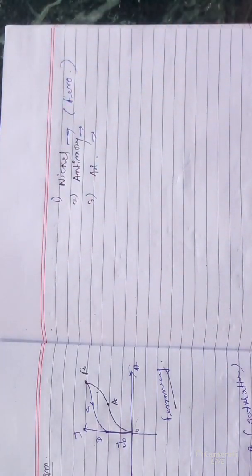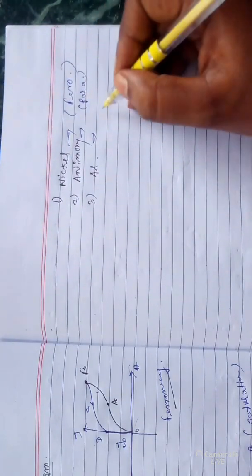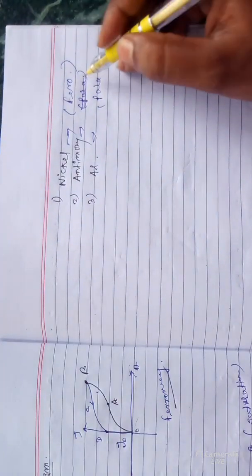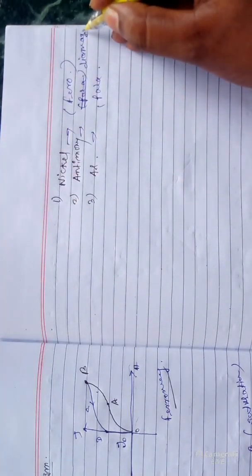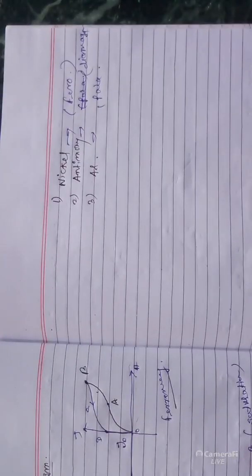nickel is a ferromagnetic substance. Aluminium is a paramagnetic substance, and antimony is a diamagnetic substance. Clear? So these three pieces of information you have to remember.